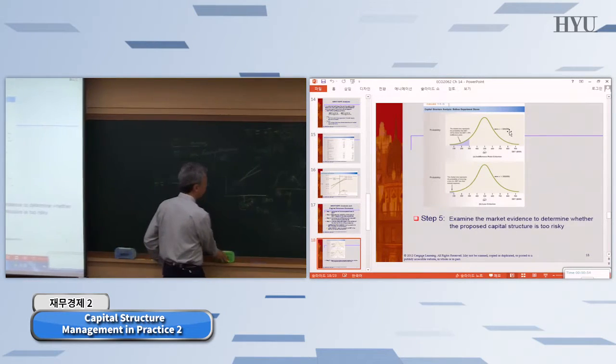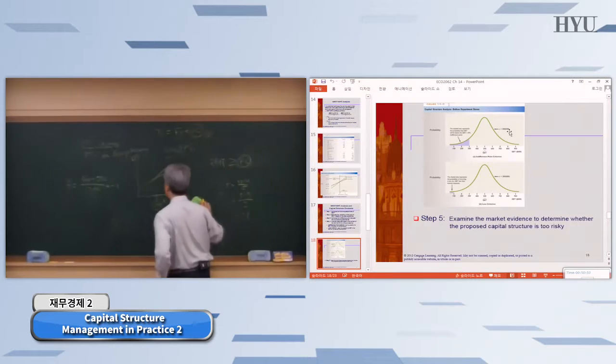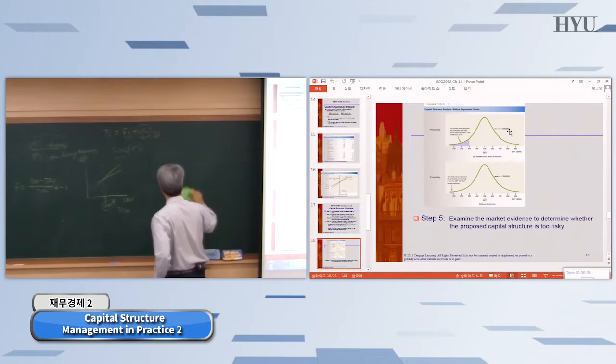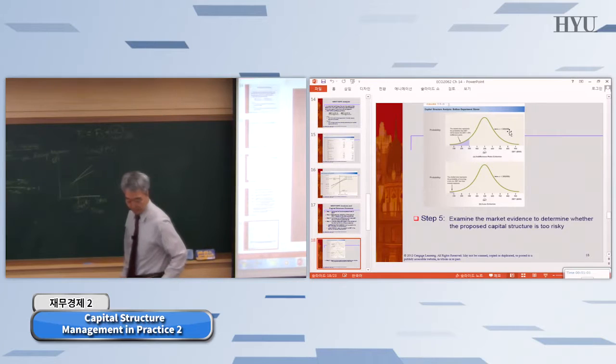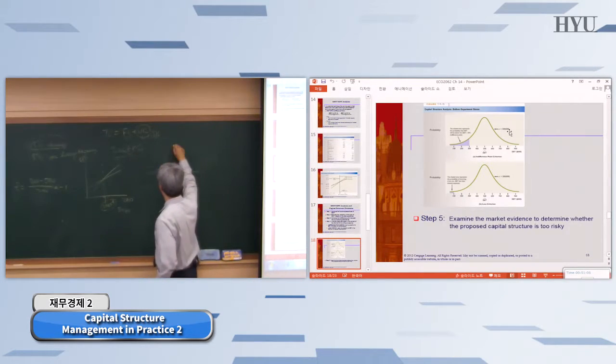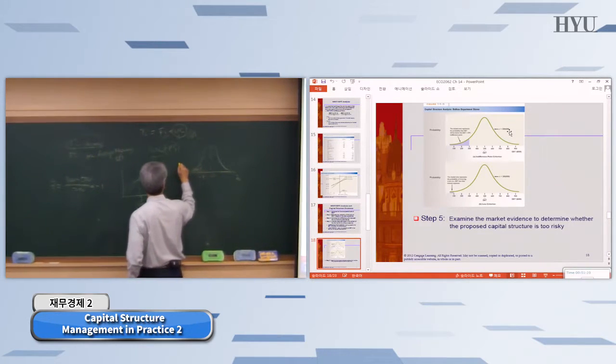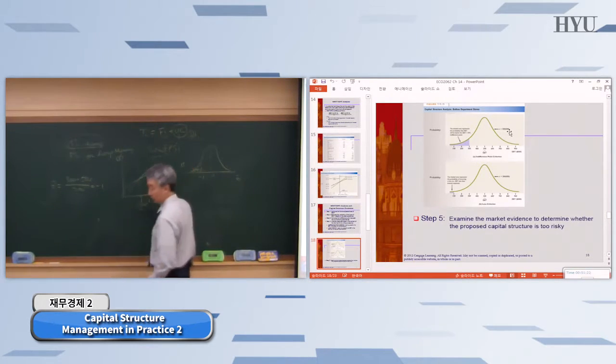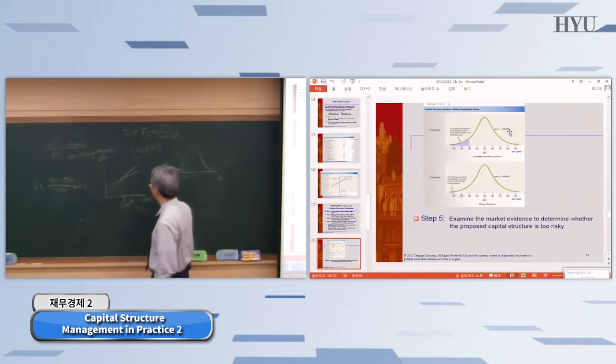And from the z table, you find out that if it's negative 1, the probability is 0.1587, right?